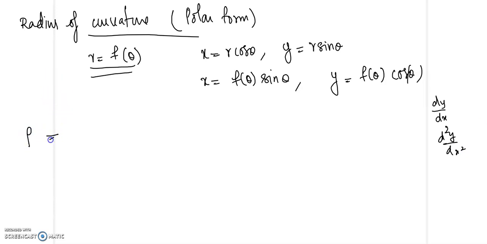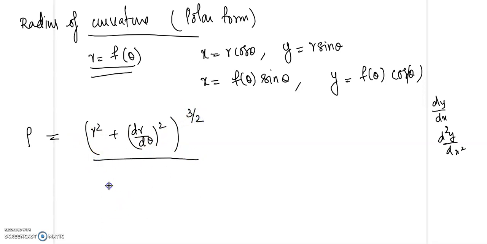So the formula is going to be this. So that will be r square plus dr by d theta whole square, whole power 3 by 2, by r square plus 2 dr by d theta whole square minus r into d square r by d theta square.